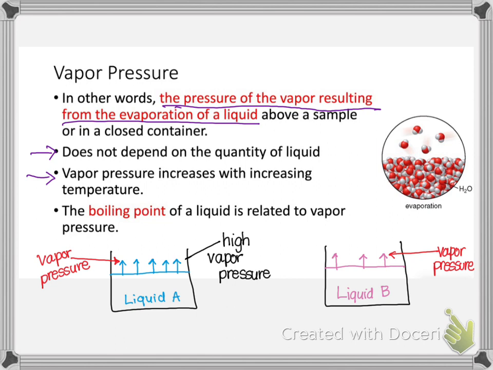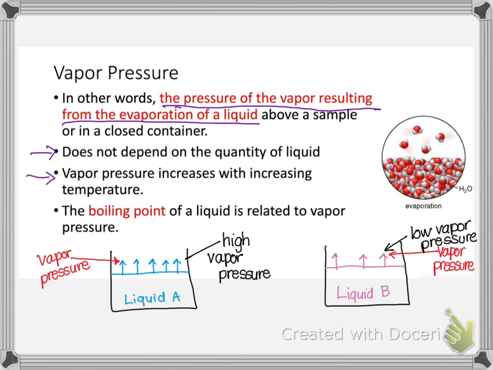And something like this would have a low vapor pressure. So it depends on the liquid. And we'll talk about temperature in just a minute because it does depend on the temperature. On the next slide, we'll talk about temperature.